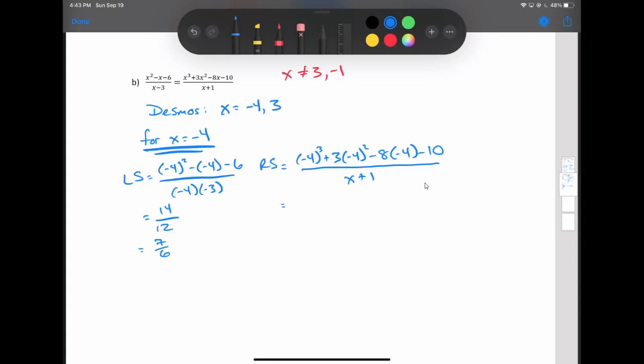Plus 3 times 16 is plus 48. -8 times -4 is plus 32. Minus 10 is 6. And on the bottom, we have -4 plus 1 is -3.